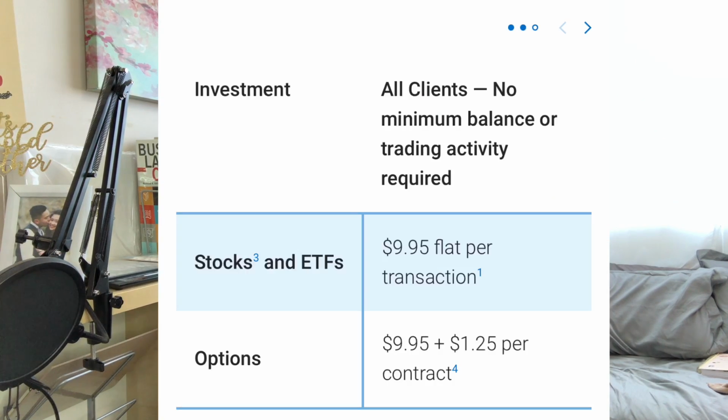The major difference for these brokerage accounts is the commission fee. For example, RBC Direct Investing charges $9.95 per transaction or per trade. So if you buy, let's say, $1,000 worth of stocks, you have to consider the $9.95 to buy and another $9.95 to sell.